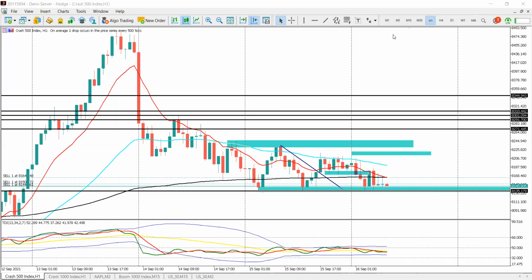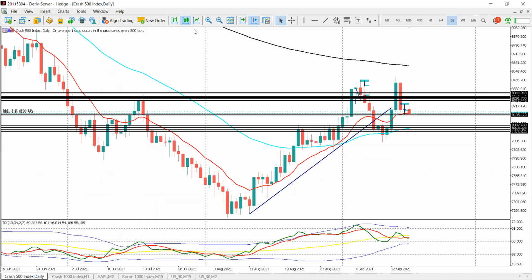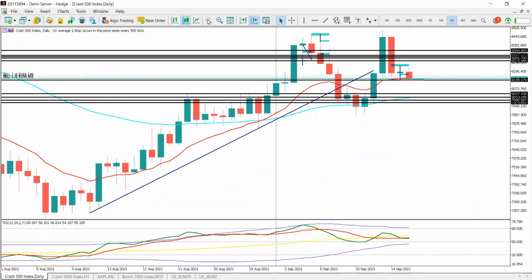If we are to do multi-time frame analysis, this whole bias comes from the daily chart. If I zoom in a little bit, you also see that on the daily chart we've got a pattern now. We've got that big M pattern. We've got RR candlesticks.